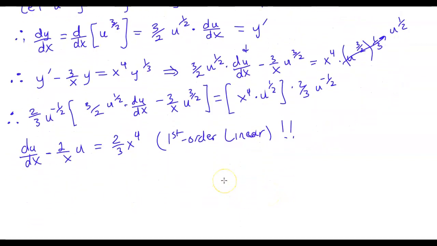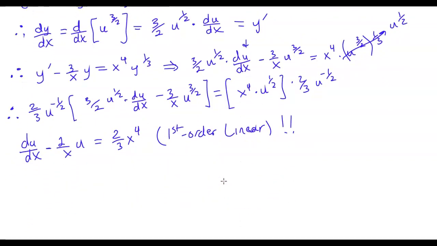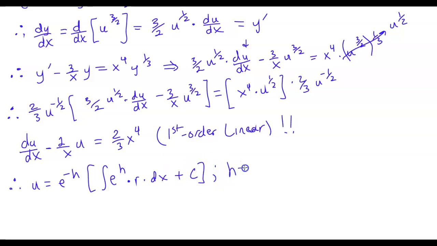And so now we see that this first order linear ODE is in terms of u, so we need to solve for u. So therefore, u is going to be e raised to the negative h times the integral of e raised to the positive h times r dx plus an integration constant. h is the integral of p dx.